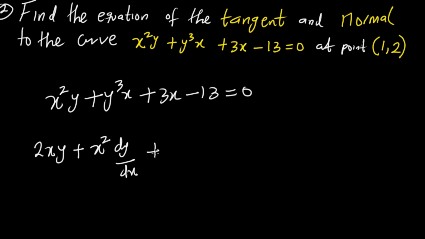Moving to the second expression, if I differentiate y, I'm going to have 3y squared x dy over dx plus y cubed plus 3 equal to 0.